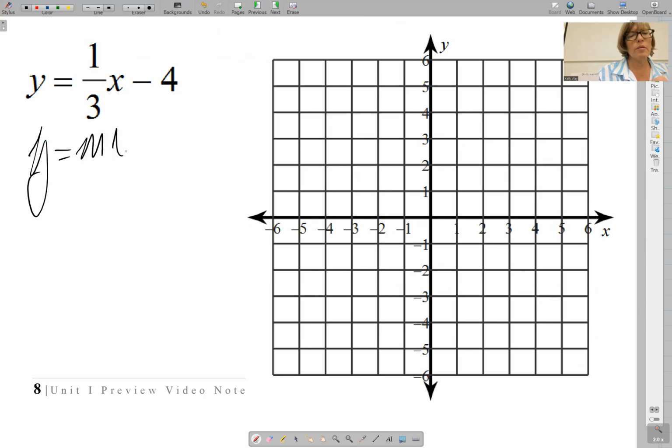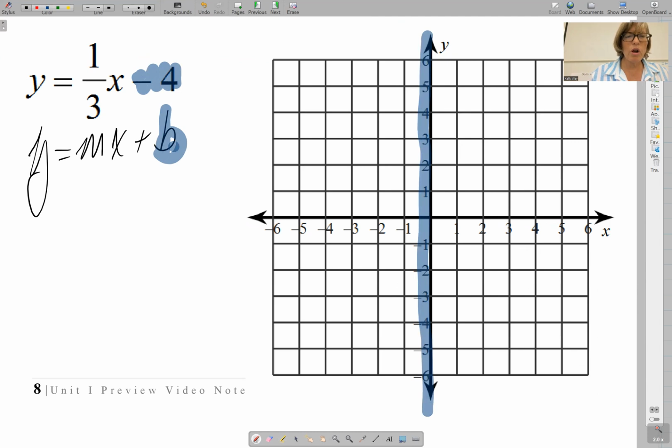Y equals mx plus b. Our b is -4. Our b is always on the y-axis, so we are at -4 on the y-axis. That's going to be (0, -4). My rise is 1. My run is 3. And just make a mental note, it is a positive line, so I'm going this way.